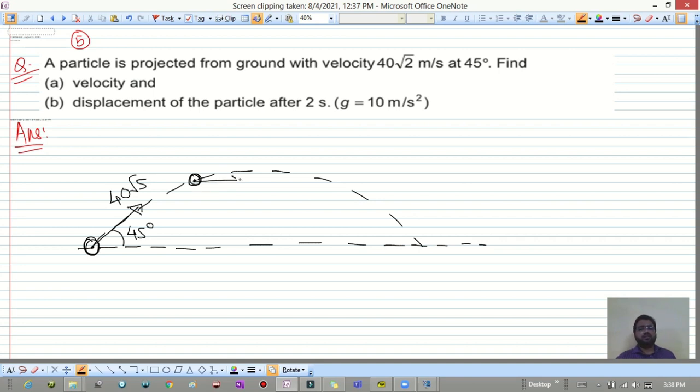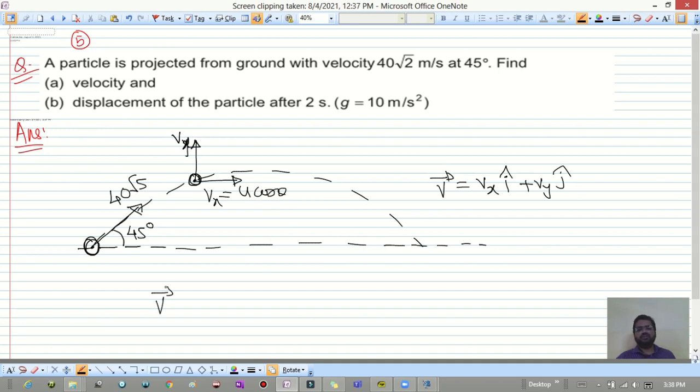Velocity in the horizontal direction will not change, but in the vertical direction it will change. So velocity after 2 seconds, let us consider it as vx in I hat plus vy in j hat. In the vx direction, the initial velocity will never change. It will always be u cos theta only.